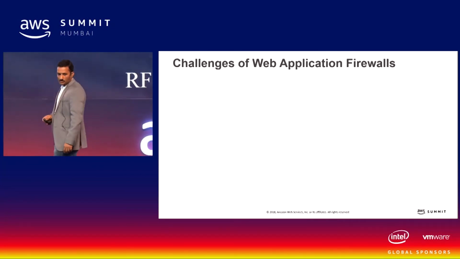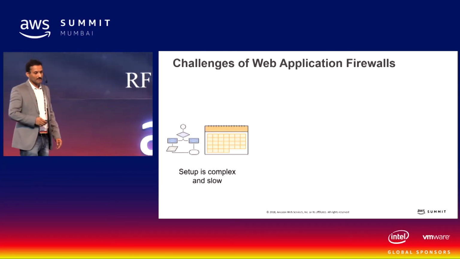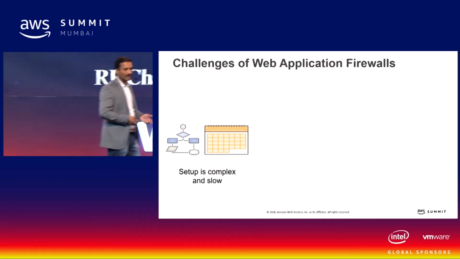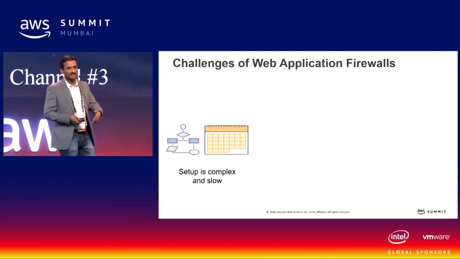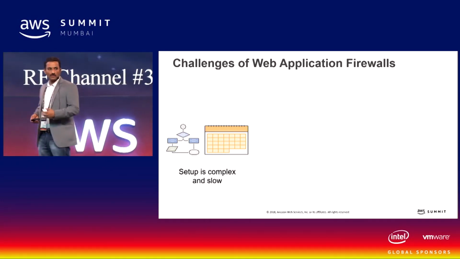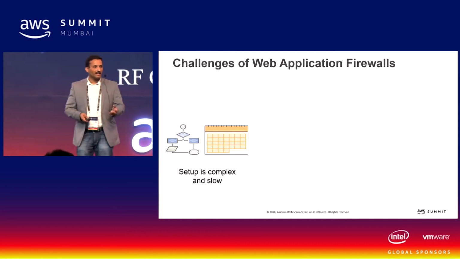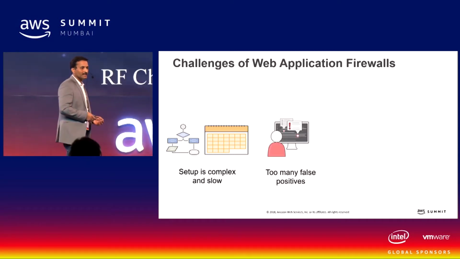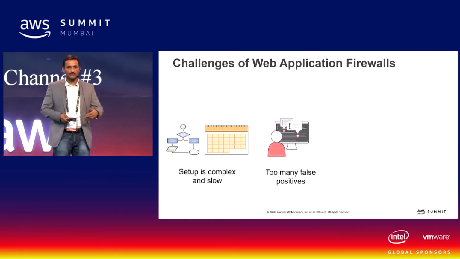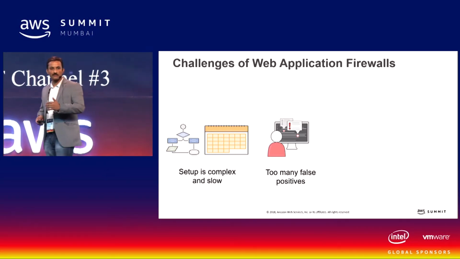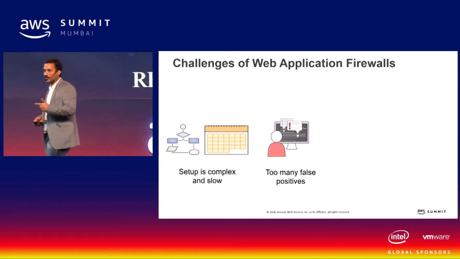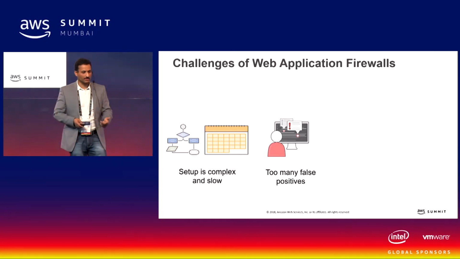So what is the difference, right? Setting up a traditional WAF is complex and takes time. You have to put it at strategic points on your network to look at all the traffic which you want to protect. And then once it starts looking at it, you get a lot of false positives, right? You have to sift through all the logs and decide which logs you want to act on and which not.